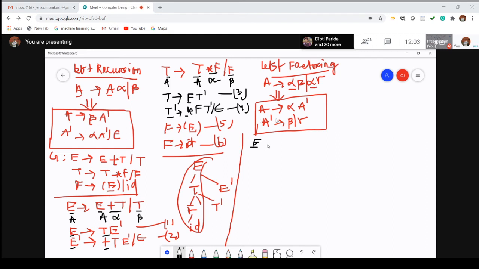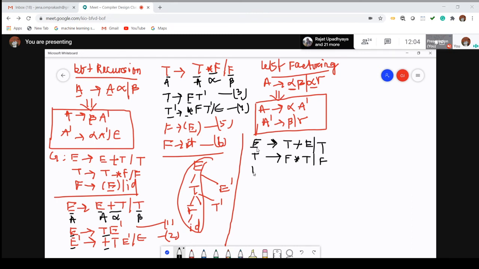It will be E2 T plus E or T. Instead of E plus T, I have taken T plus E. Second one, T2, instead of T star F, I have taken F star T. Then this value equal to F and the rest value will remain same.